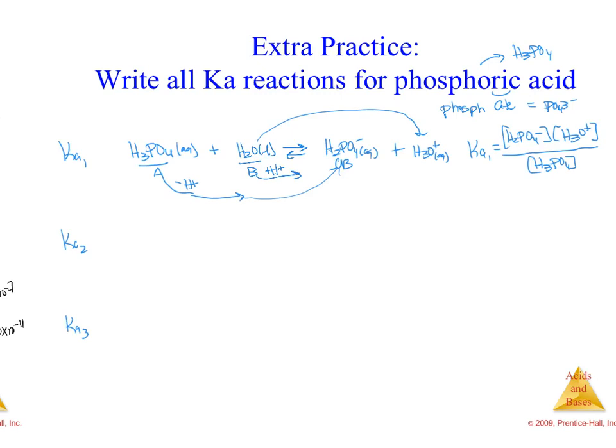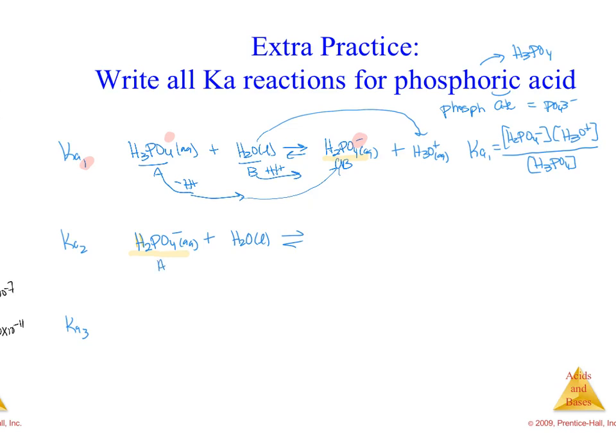And again, notice for Ka1, I go from the fully protonated species, with a charge of 0, I know it's a charge of 0 because there's nothing written there, to -1. Now let's look at my Ka2. So for Ka2, I take the conjugate base that was just formed, and that's what I write as my reactant. So I start with H2PO4 minus plus H2O liquid in equilibrium.